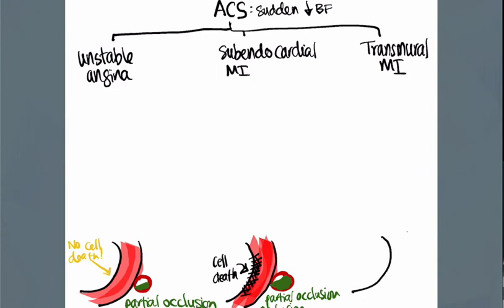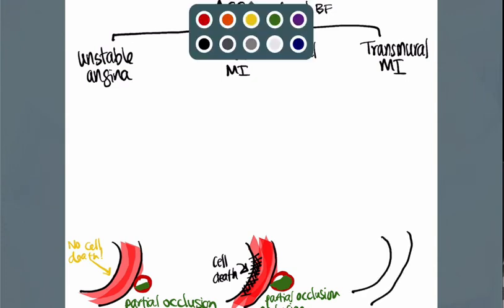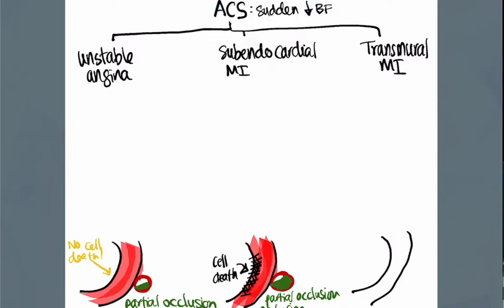And then the last one is the transmural MI. We'll draw the blood. Ugh, I did it again. It's funny. Draw the coronary artery here, and we will have a complete occlusion. Maybe we'll draw it up so it doesn't fall off your screen.